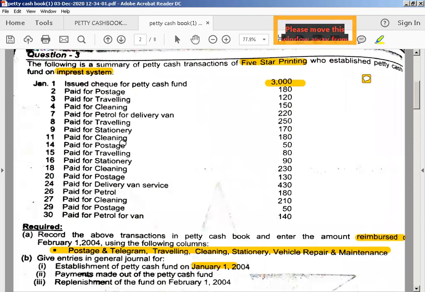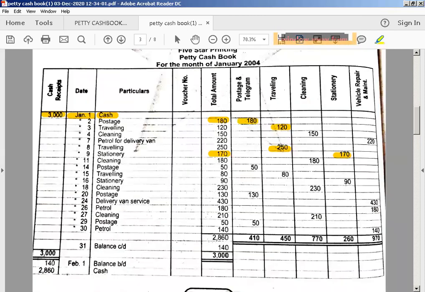Paid for cleaning it's 180, paid for postage rupees 50, then paid for traveling again rupees 90, paid for stationery rupees 230. What I have done simply is that I have recorded the cleaning 180 in the cleaning column over here, then postage 50 in this first column, then traveling in the total column also, and in the column of your expense, traveling.